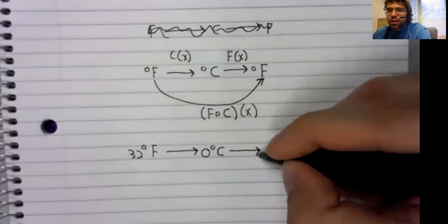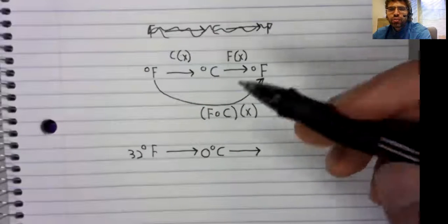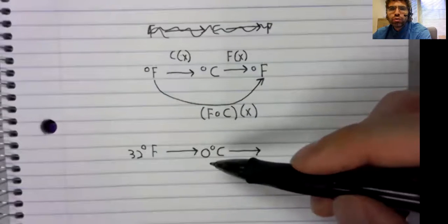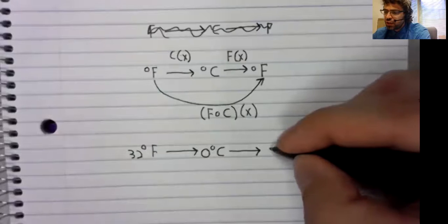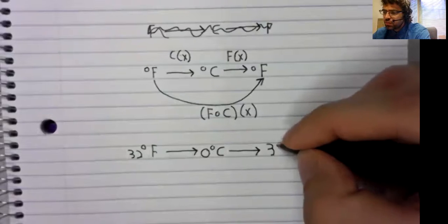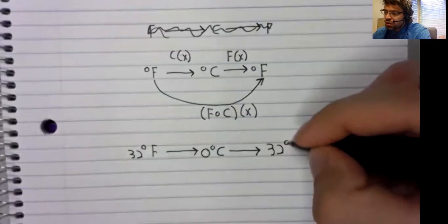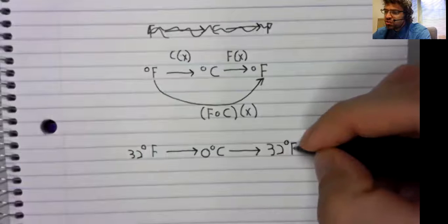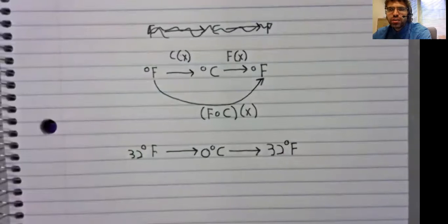We apply the second conversion function. We convert this into degrees Fahrenheit. 0 degrees Celsius is 32 degrees Fahrenheit. And we're back where we started.